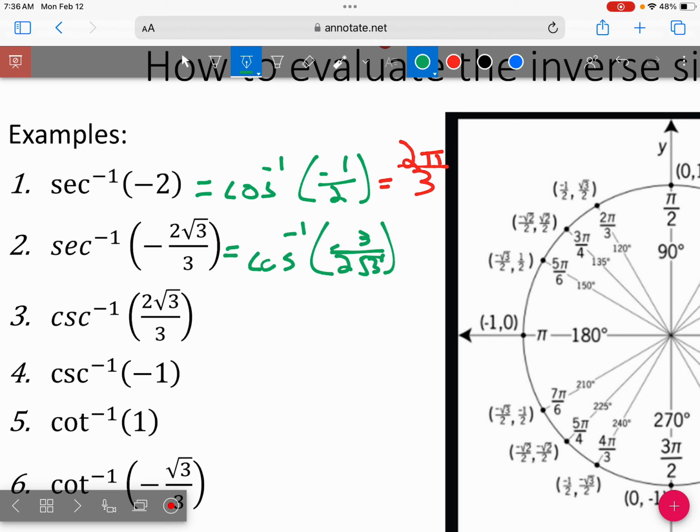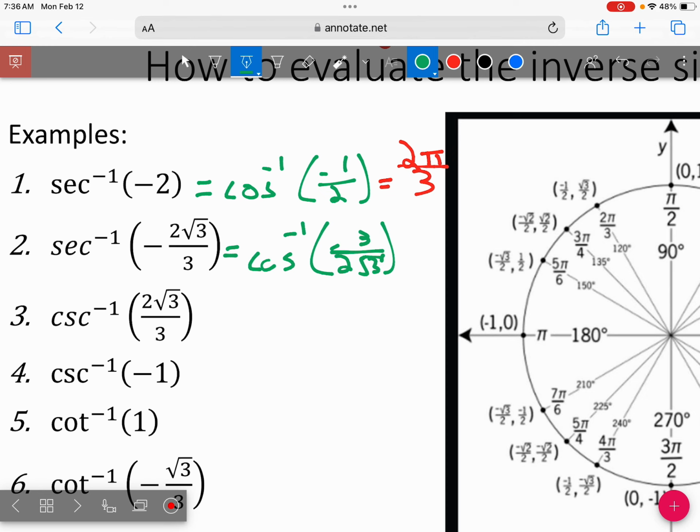Raise your hand if what I wrote on the board matches what you rewrote in your journal. Good. So is this going to be a coordinate that we see on our unit circle? Is that something you recognize? No. Every coordinate on our unit circle is already rationalized.